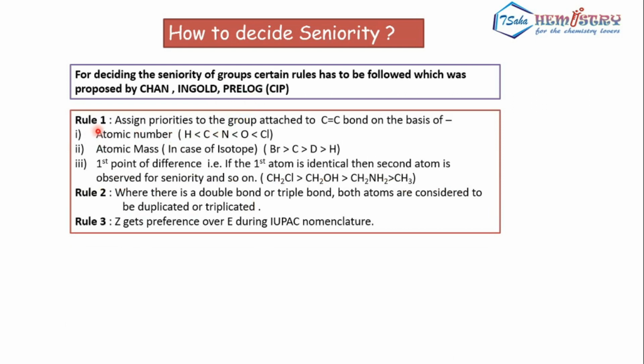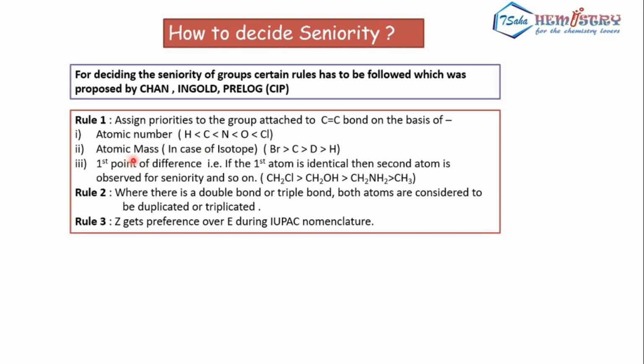The first point is very important, that is, assign priorities to the groups attached to the C=C double bond on the basis of atomic number. That is, the higher the atomic number, the more priority it gets. Suppose you have hydrogen, carbon, nitrogen, oxygen and chlorine. Because chlorine has the highest atomic number, chlorine always gets higher priority.